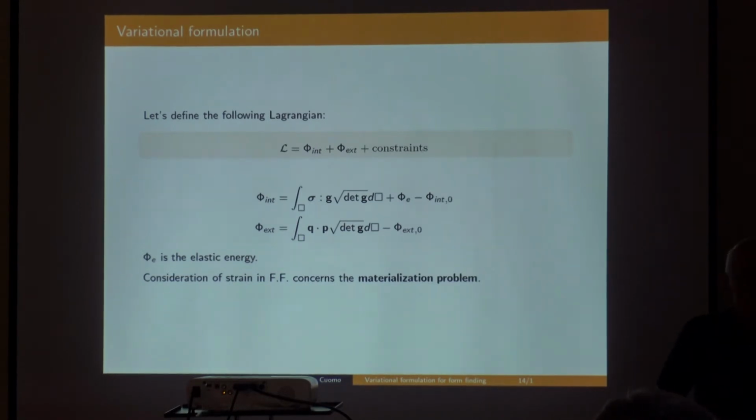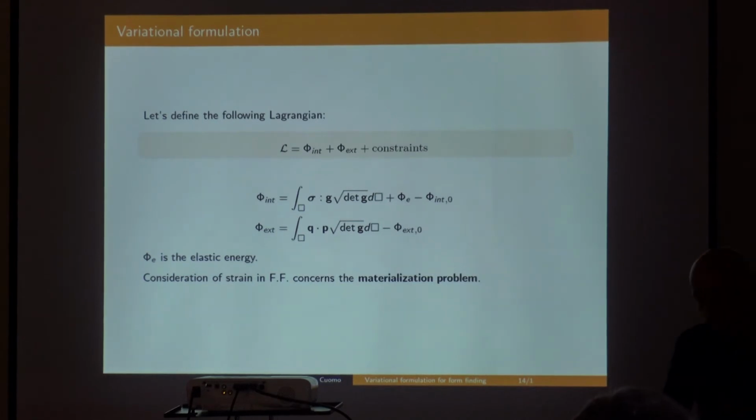Now, we want a variational formulation, so we define a Lagrangian. The Lagrangian is this one. It's the sum of internal energy, external energy, plus constraints. This is very simple. The internal energy has something to say. We have an element, a membrane, or some cable net, something where we have self-stresses, so we have to take into account the energy of the self-stresses. The first contribution, this integral, is the potential energy of the self-stresses.